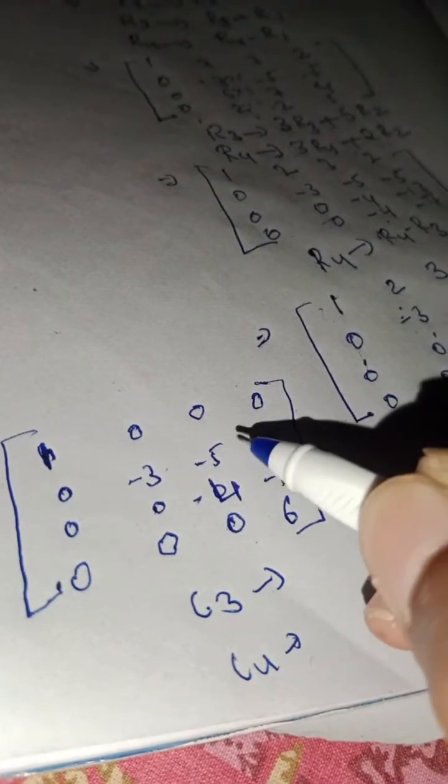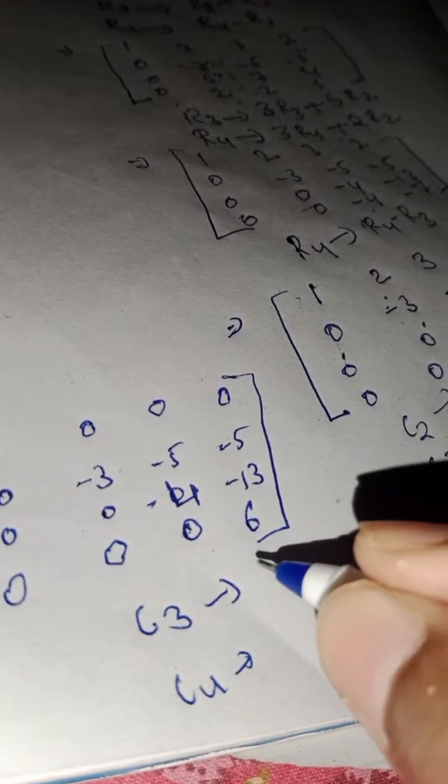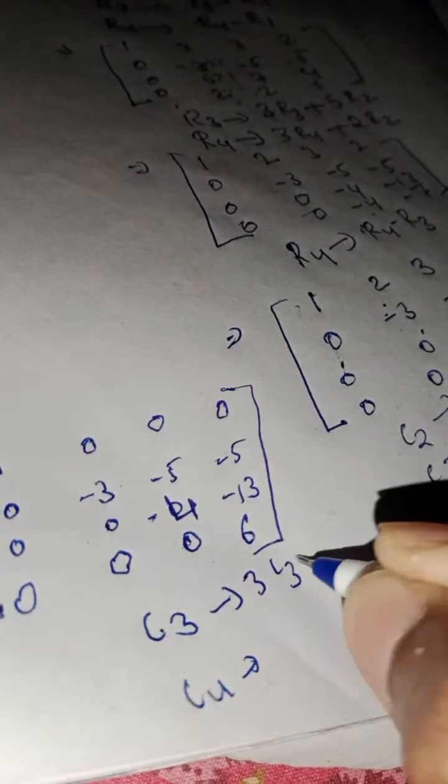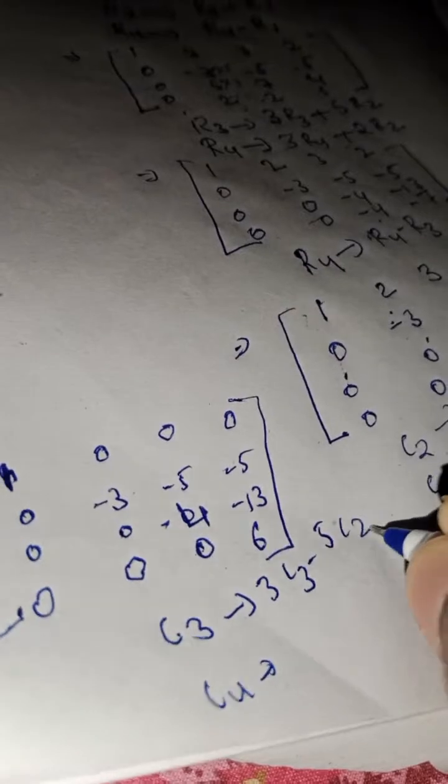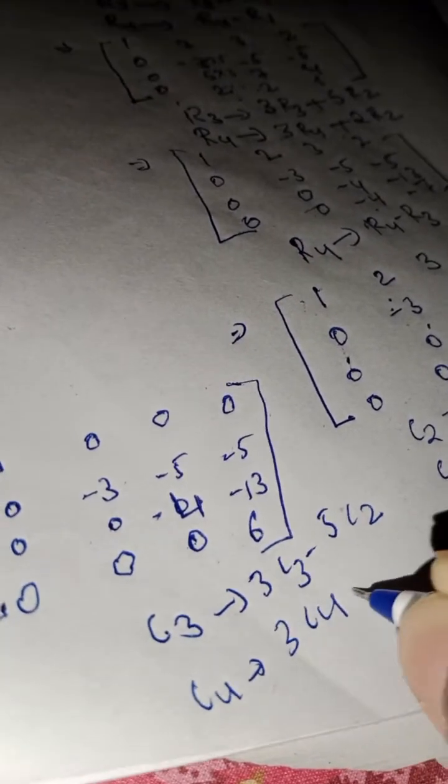So minus 5 into 3 into 3. So 3C3 minus 5C2, and again same, 3C4 minus 5C2.